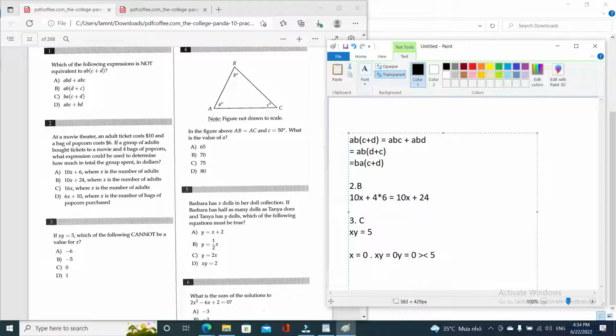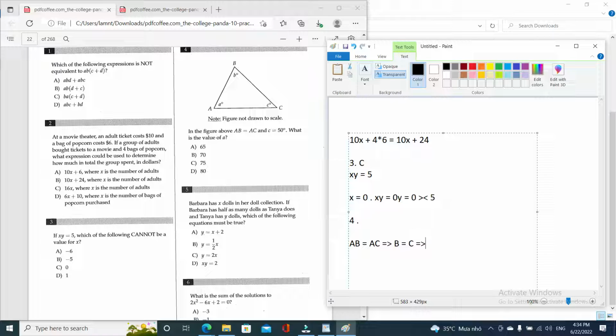The figure is not going to be drawn exactly, so you have to imagine it.